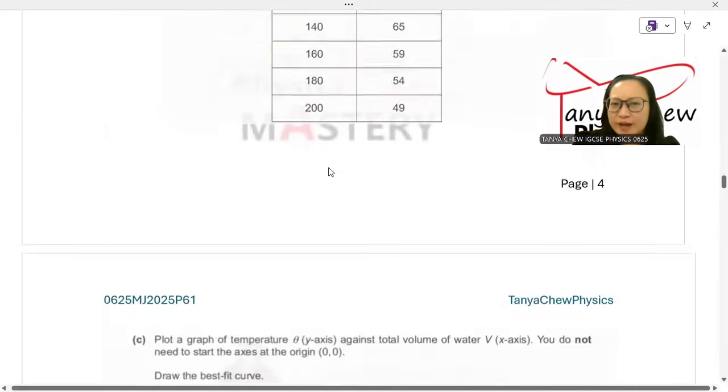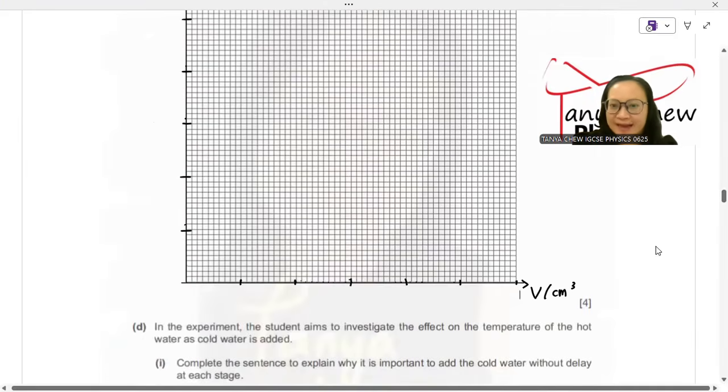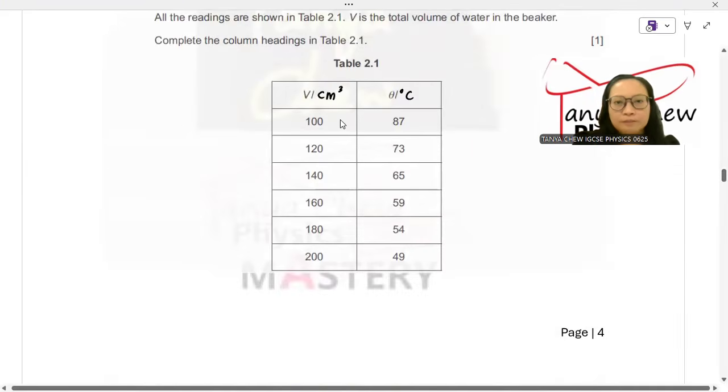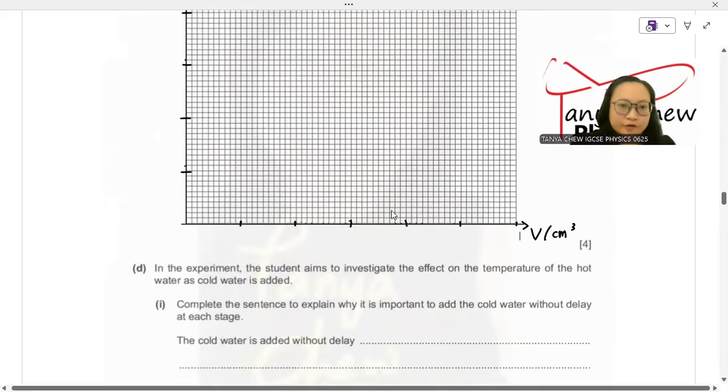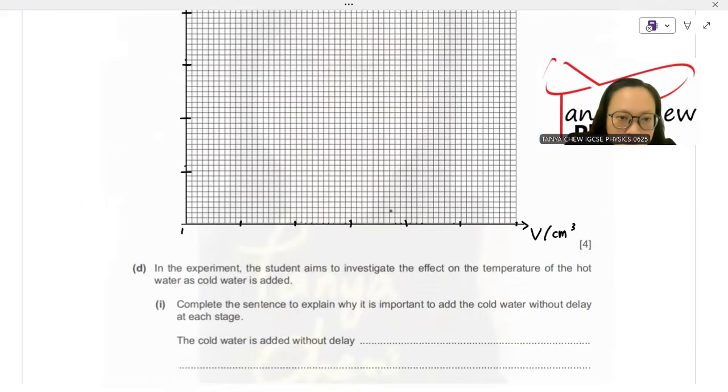So since I do not have to start from origin, I look at my x-axis first, volume. The smallest value is 100 and the largest value is 200. So I'm going to start with 100. So this is 120, 140, 160, 180, and 200 is here. Easy.